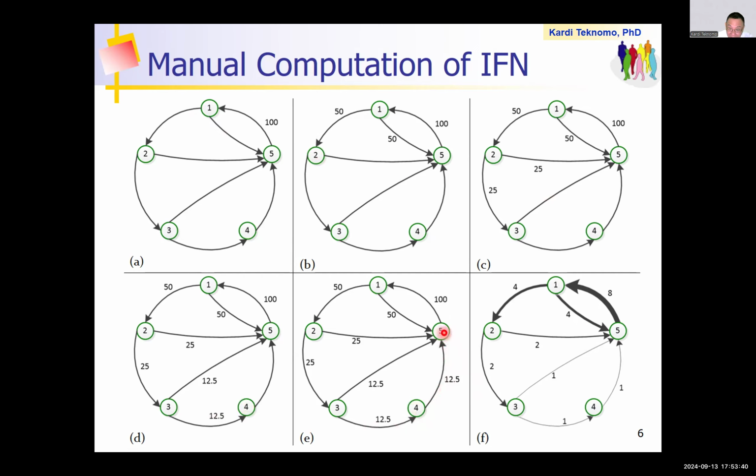Now, in node 5, you check. This one, 25, 12.5 and 12.5 must be equal to the outflow, which is 100. Oh, correct. So this is the ideal flow. So we already reached the ideal flow here.